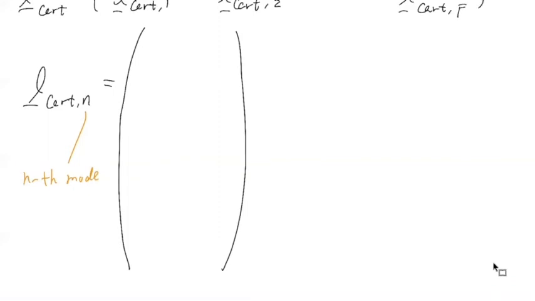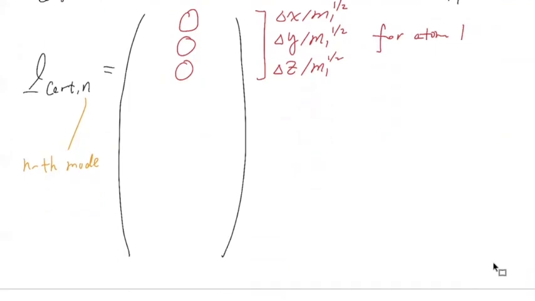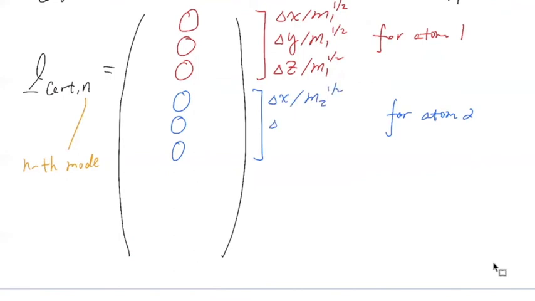The first 3 entries are for the first atom, right? And the 4th, 5th, and 6th entry are for the second atom, right? For atom 2, this is delta x over square root m2, delta y over square root m2, delta z over square root m2, right?